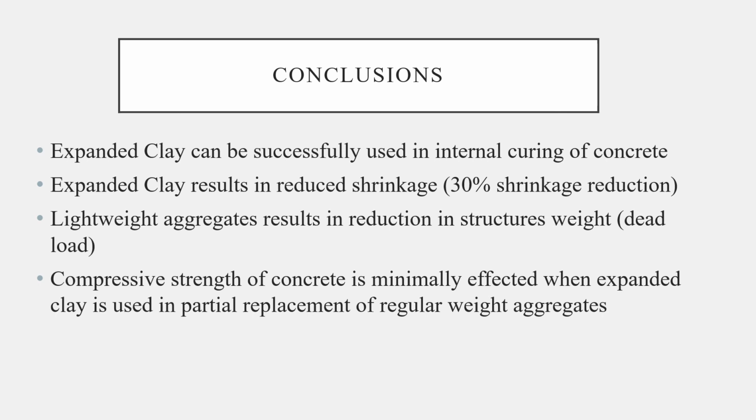Lightweight aggregates also reduce structural weight. If you look at the mixes, losing 300 pounds of concrete weight per cubic yard is close to 8% of the dead load of the structure. That's a significant reduction in dead loads. Finally, the negative impact of lightweight aggregates on the compressive strength of the concrete is minimal.